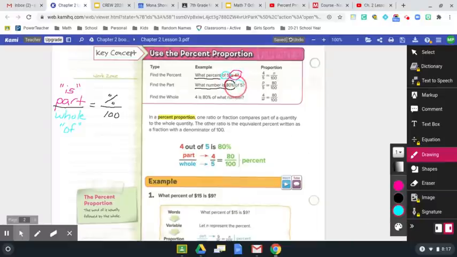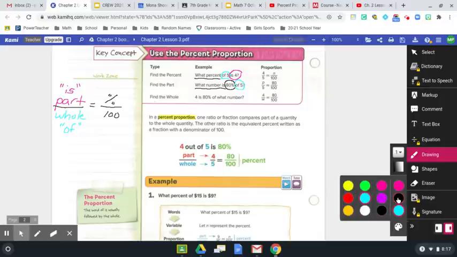And there's my whole, there's my denominator. What number is, I don't know it, that's my numerator. 80%, my percent out of 100, of 5, the whole. Is over of, part over whole, equals percent over 100.